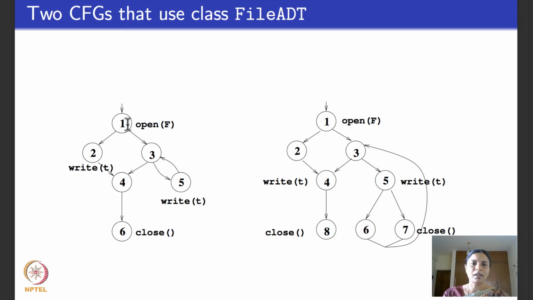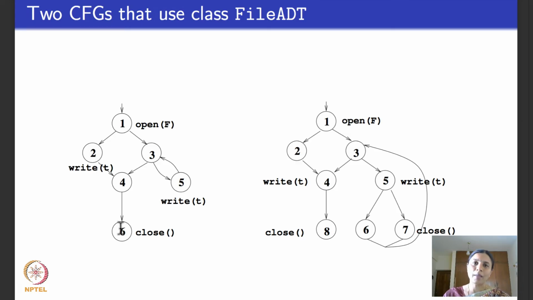At node 1 it calls the method openF, which opens the file F. At node 2 it writes data onto that file. At node 3 it goes into a loop where it repeatedly writes data onto the file several times, and then when it comes out it closes the file. This is the control flow graph corresponding to some code that uses these methods.